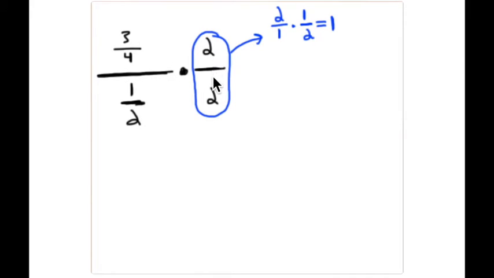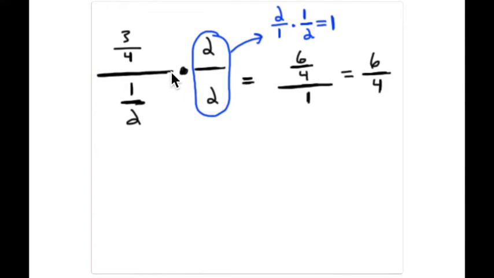And so notice that 2/2 is 2 over 1 times 1/2. So it's 2 times its multiplicative inverse. And again, when you multiply a factor by its multiplicative inverse, by definition, it equals 1. So 2 over 2 is 2 times 1/2. So now I'm just multiplying 3/4 over 1/2 times 2 over 2, which is the same as multiplying by 1, and I'm getting an answer of 6/4, and then 2 times 1/2 is 1.